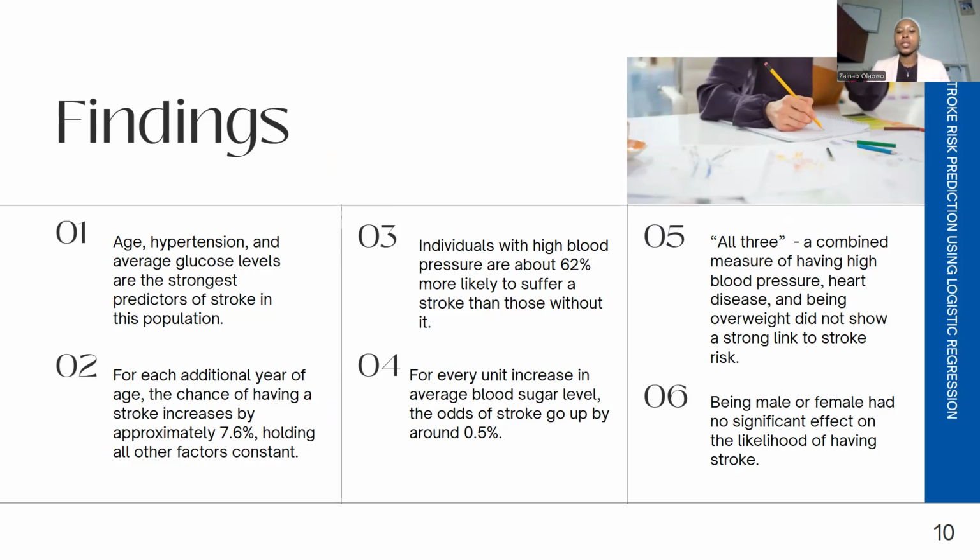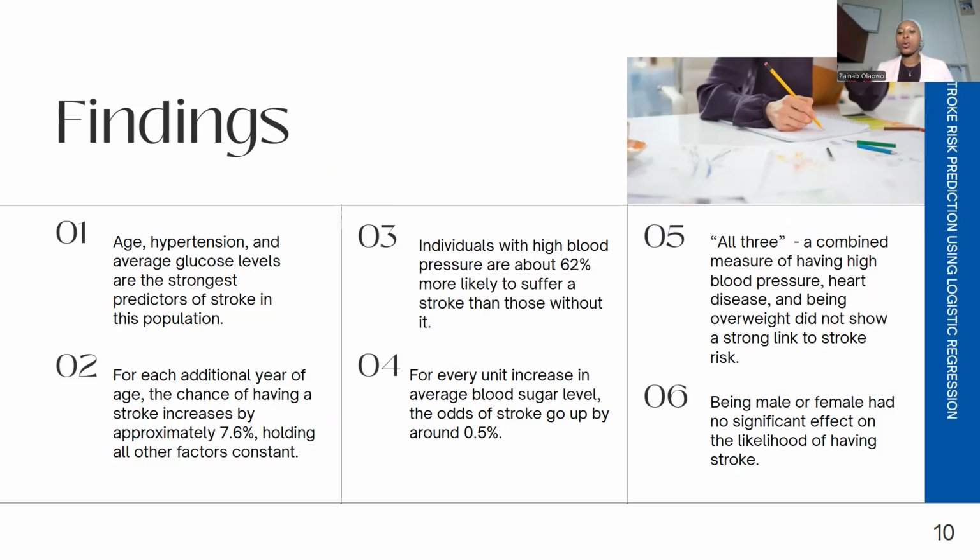So everybody who is hypertensive needs to pay more attention to what they eat and what they do, because they are at very high risk of stroke. And for every unit increase in average blood sugar level, the odds of stroke go up by around 0.5%. Then there are the variables I was talking about earlier.